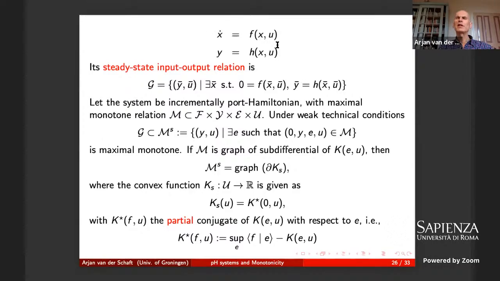If we have here an incrementally port-Hamiltonian system, then this steady state input-output relation is at least monotone, and under certain conditions it is also maximally monotone, and you can also extend that to cyclically monotone.